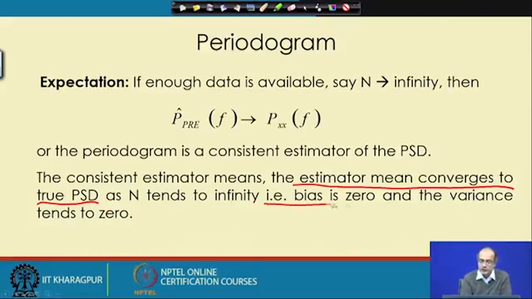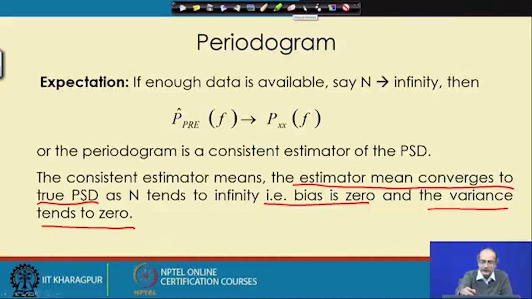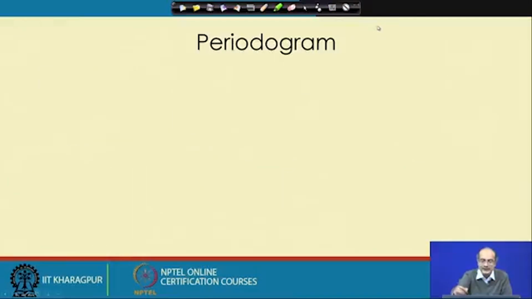That means the bias should be 0 and the variance also should tend to 0, because it is an estimator, it can have some small error which can be given in terms of bias and variance, but if it has to be a consistent estimator, then both of them should go towards 0 as n tends to infinity. So, now let us look at what the definitions of bias and variance are to take it forward.